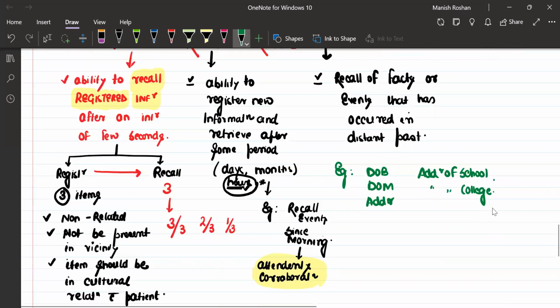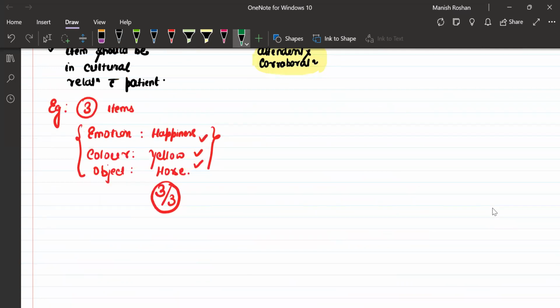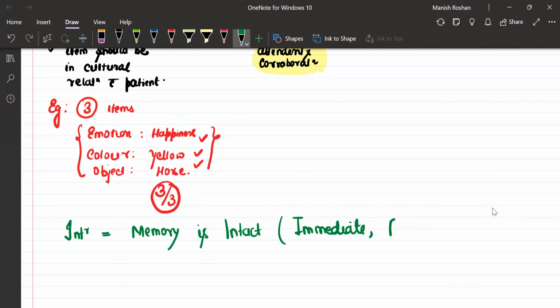Once we are done with the immediate, recent and the remote memory, how to give the interpretation as a whole? So interpretation of memory, it includes that memory is intact. Then you name whether the immediate is intact, remote is intact, or recent is intact.